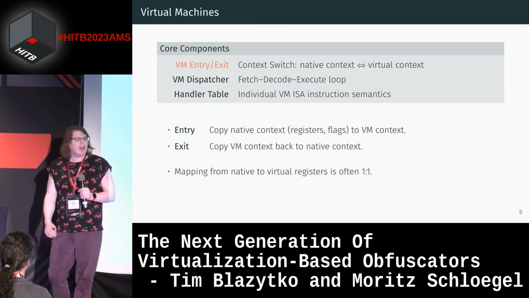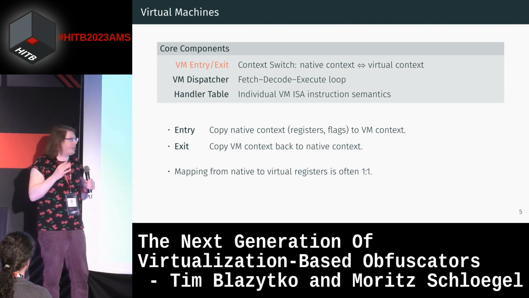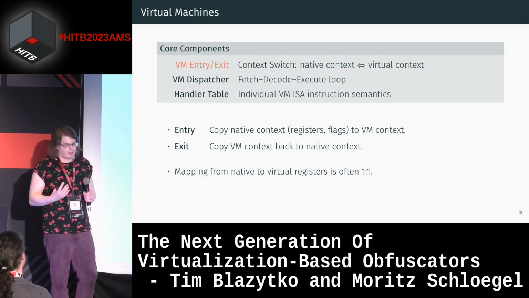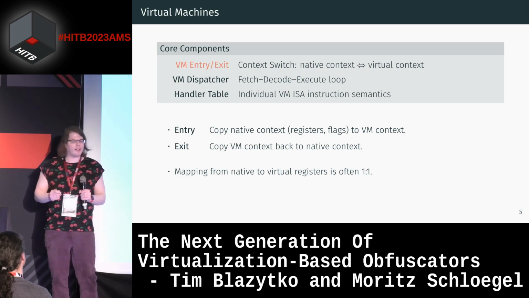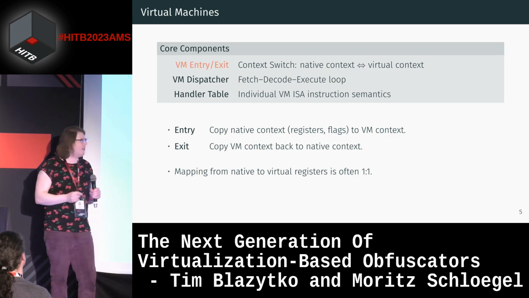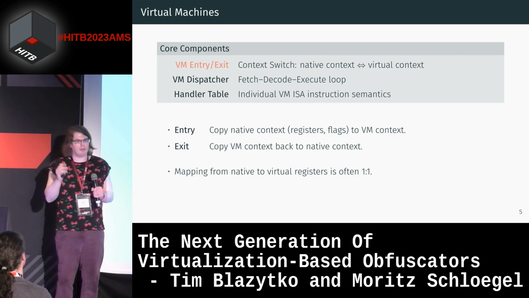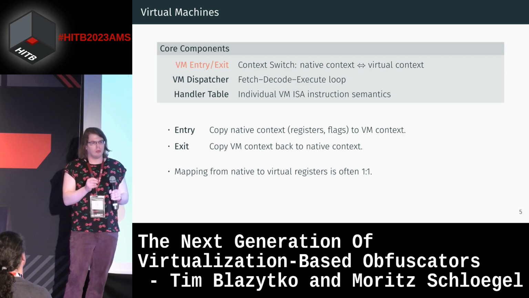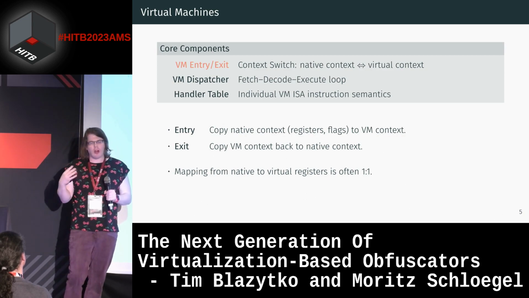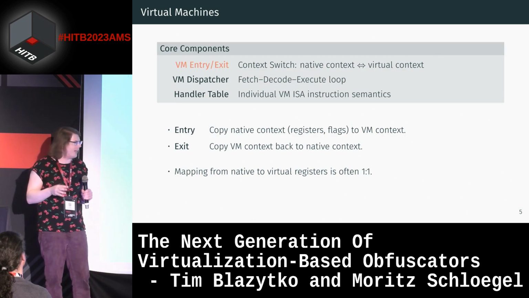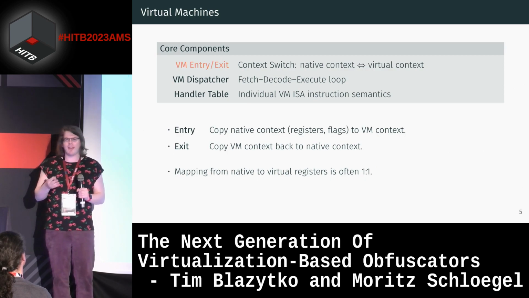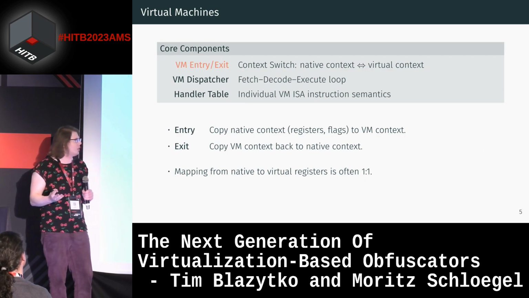Typically on the binary level, we have some concepts for how a VM is represented. The most important thing is first that we have a VM entry and a VM exit. You can think of the VM as a dedicated function which has its own prologue to save the outer CPU context, the native execution context, and then prepares everything needed for execution, like internal registers, keys, and so on.